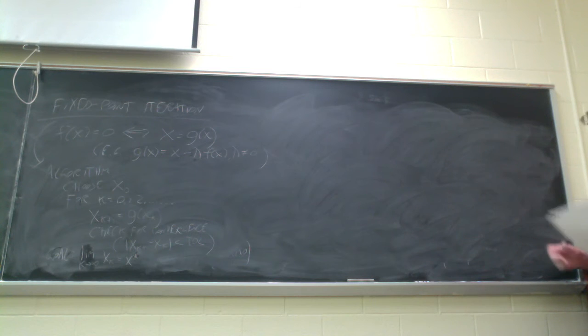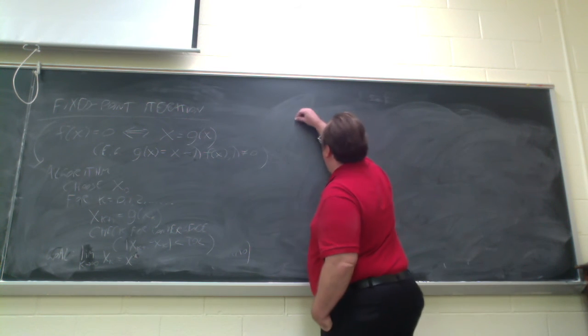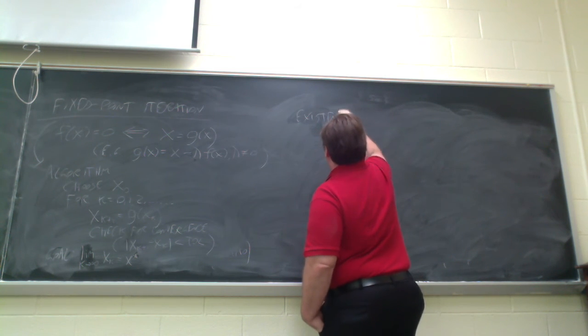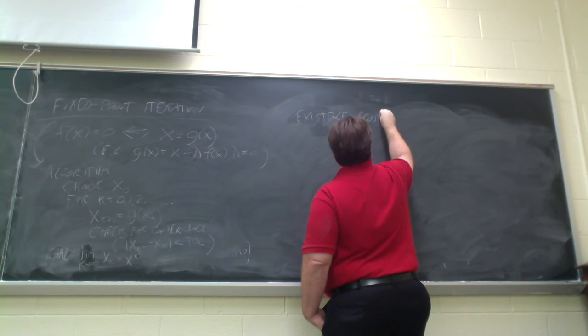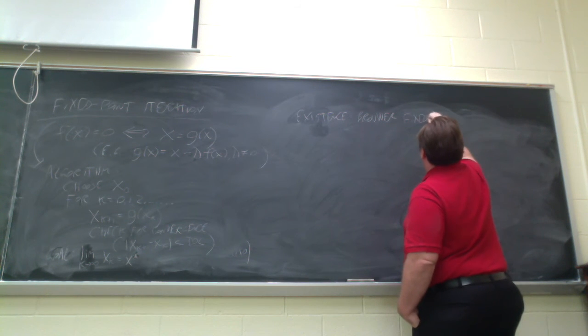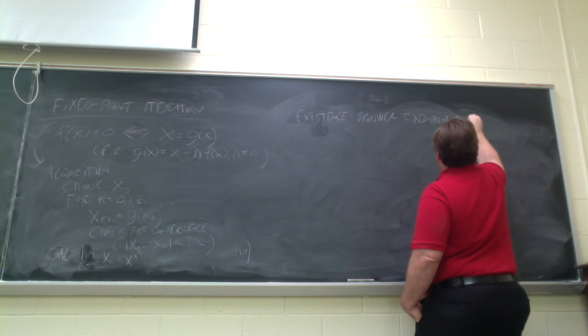Now, we need to have some idea of when this works. So there's a few theorems I can state for that. All right, so first, let's talk existence. And for that we have what's called the Brouwer fixed point theorem.